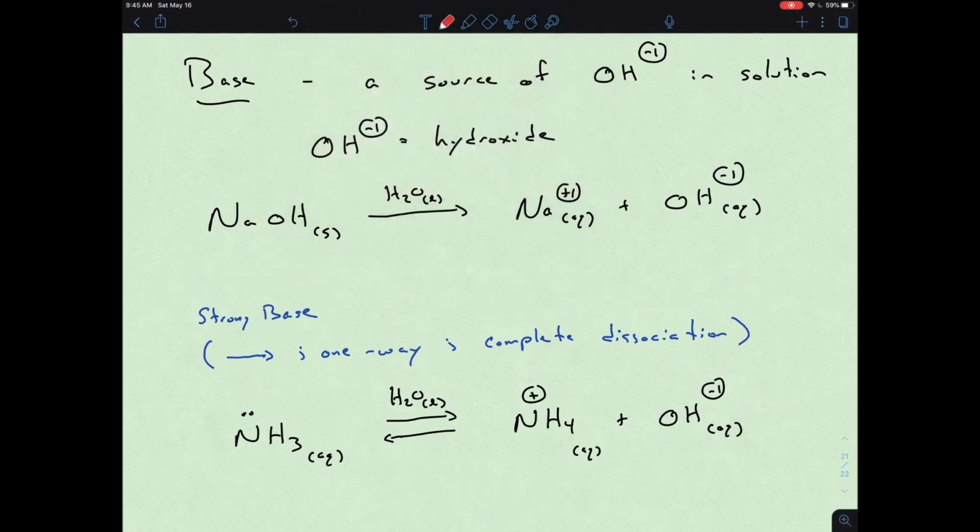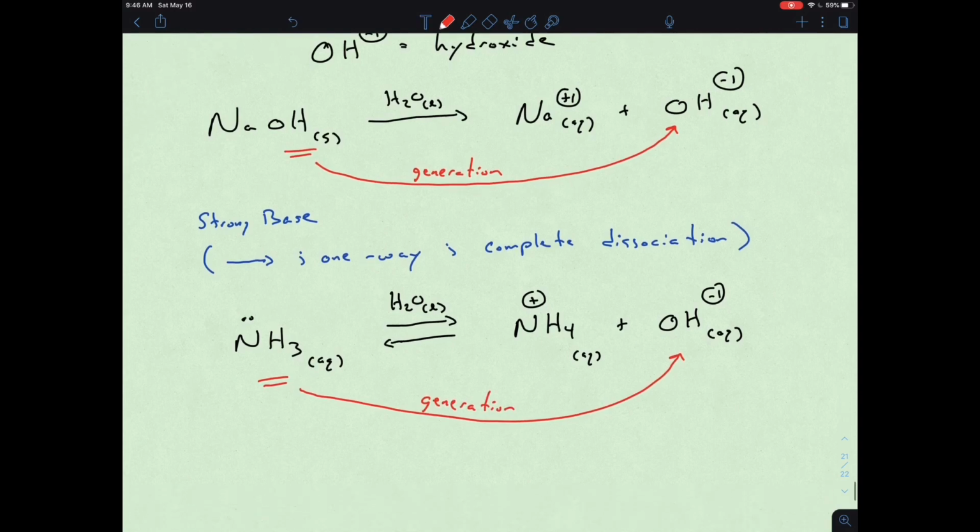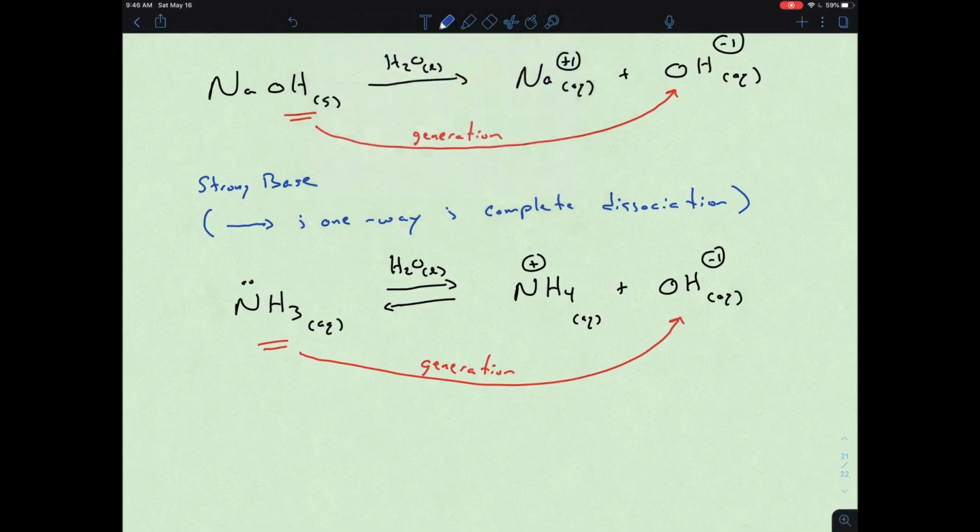We see that here in our solid starting material for the sodium hydroxide, and we also see, though it's not as obvious, that this molecule generates hydroxide. So again, this would be a base, a weak base, but a base nonetheless.